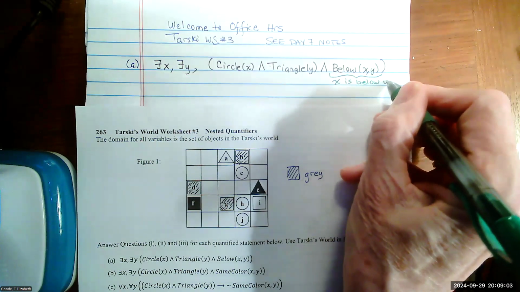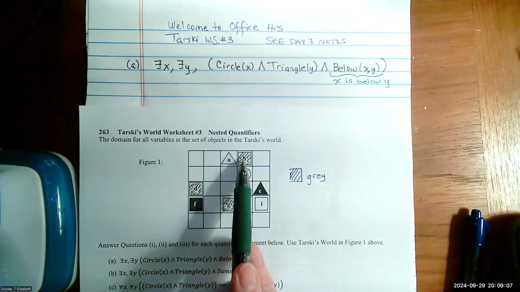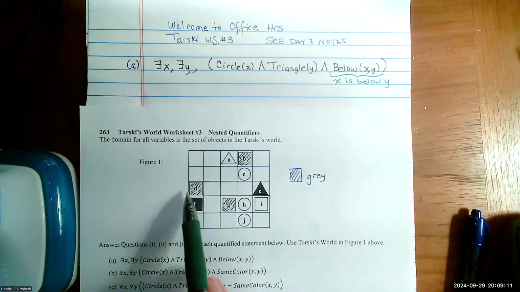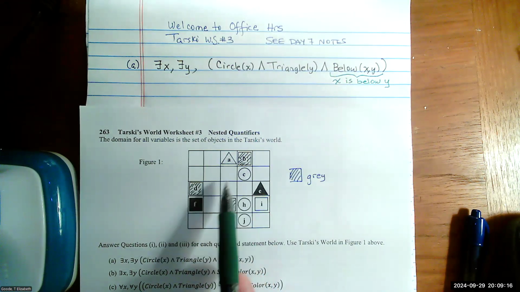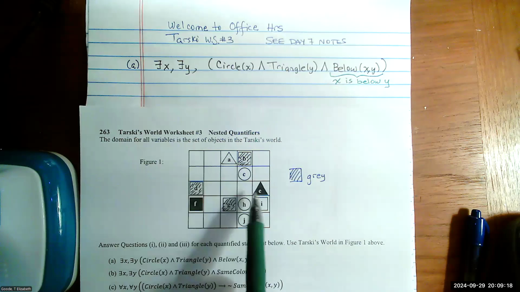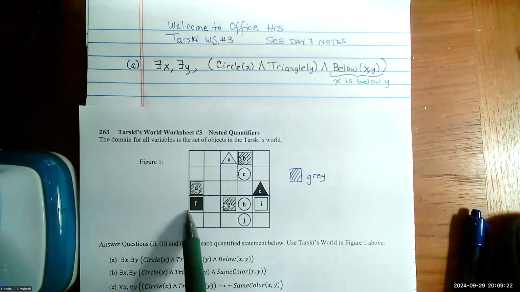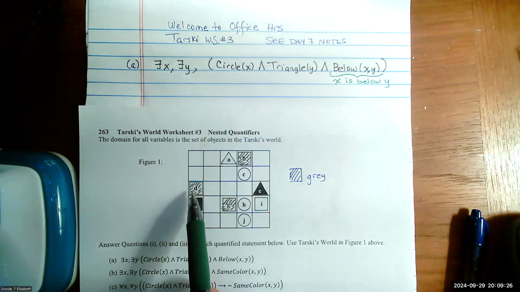It doesn't have to be in the same column, like C is below B, but C is also below A. D is below A and B and C. D is not below D, D is not below E, and of course D is not below any of the ones that are in rows lower than the row that D sits in.